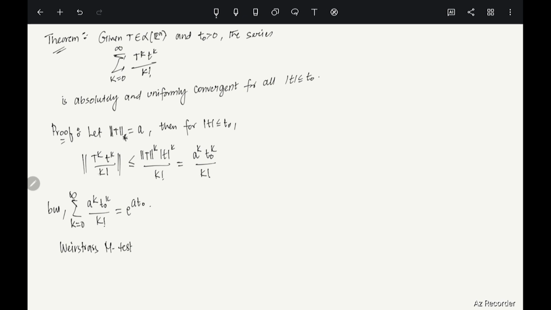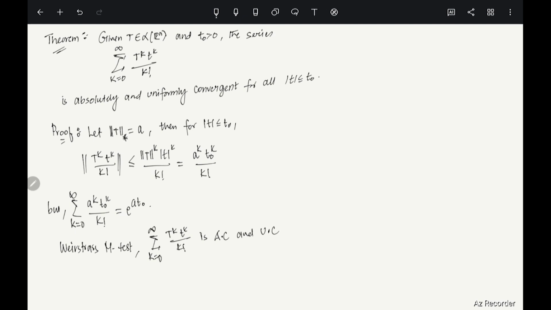This series is dominated by a convergent series, an absolutely convergent series. So essentially you can say that this series converges absolutely and uniformly. That will imply that the series k equals 0 to infinity, T power k by k factorial, is absolutely convergent and uniformly convergent.